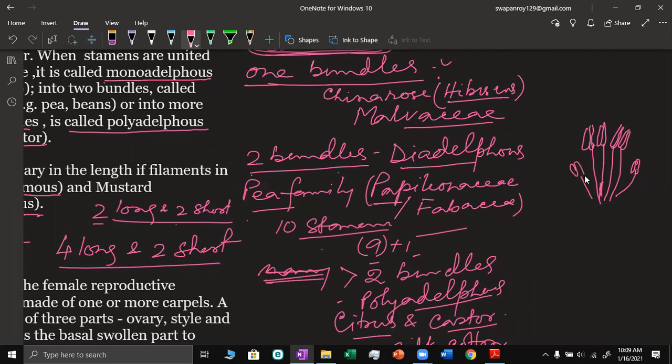So when there are four long and two short, it is Tetradynamis, found in mustard.